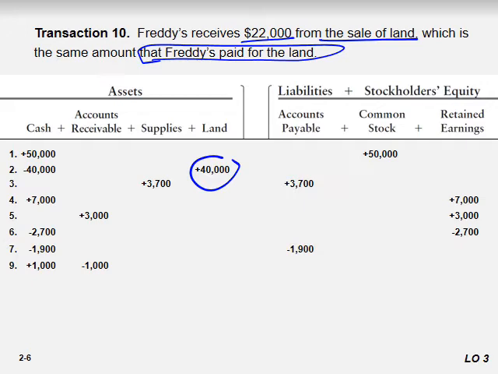No. Friday's sold 22,000 worth of land. So land decreased against cash. When the question is silent, it means it's for cash. If the question says on account, that means it's your customer or your accounts payable, right? So for cash, you receive cash, so 22,000 cash is received and land is decreased.